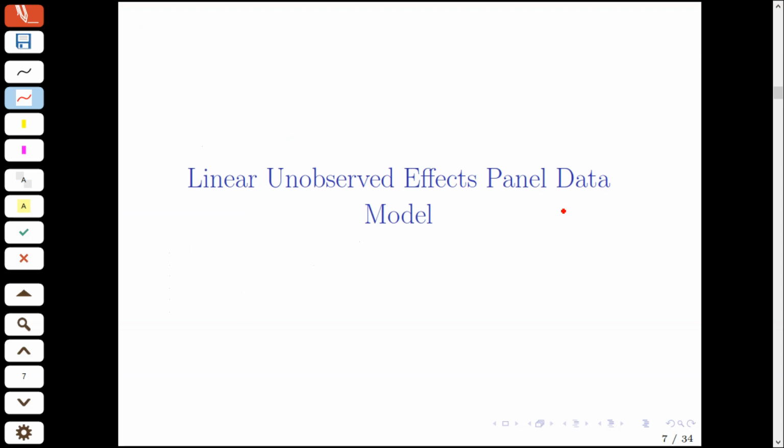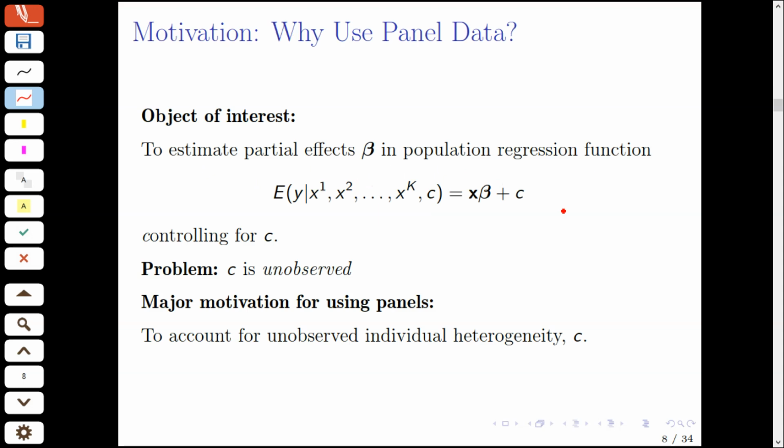First on the platter is the linear unobserved effects panel data model. Let me just pause for a second here before I throw the model on a slide and ask, why should we care about using panel data? That is, what is the motivation?